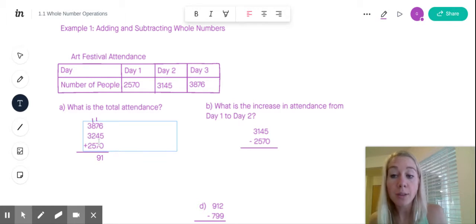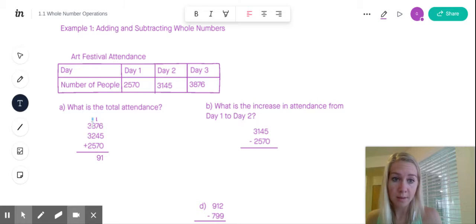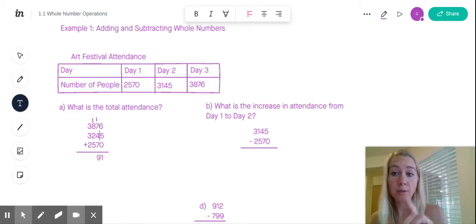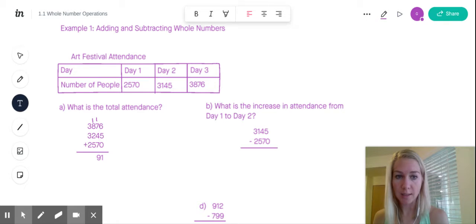Okay, so 19, again, I carried the 1 because that's in the tens place value for 19, and then the 9 goes down below. Okay, so when you're adding up your columns, if you have a 2-digit number, the number that's in the tens place goes in the column to the left, or the next column that you're adding together.